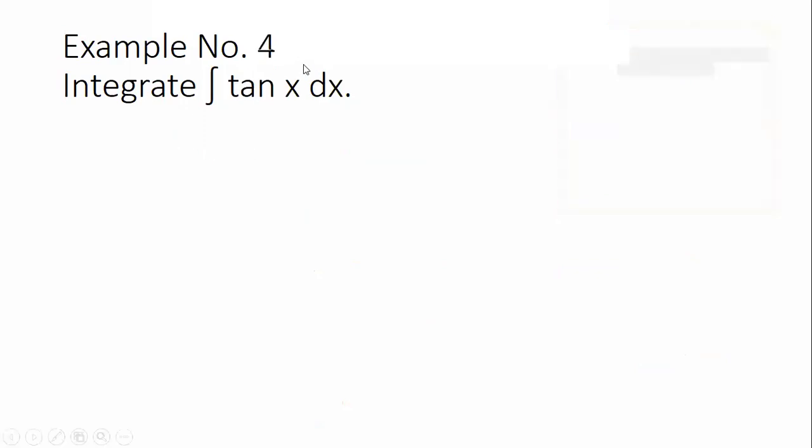So this is the simple integral of tangent x dx.